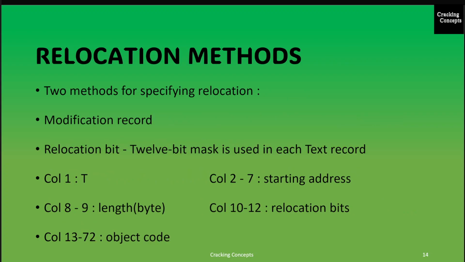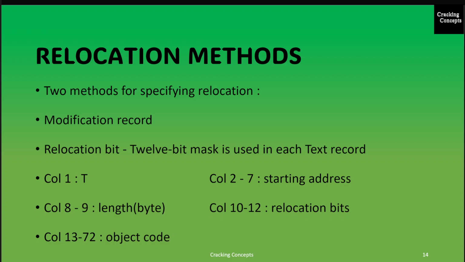Now we look into the different relocation methods. The first one is the modification record and the second one is the relocation bit, which we will be discussing in this video. Here we have a 12-bit mask that is used for each text record.